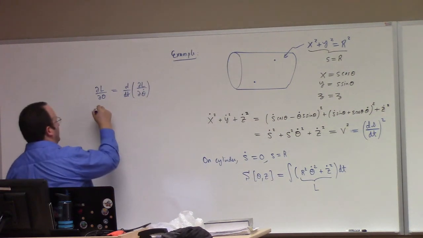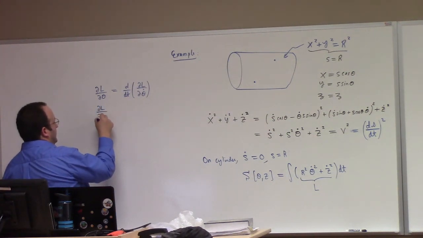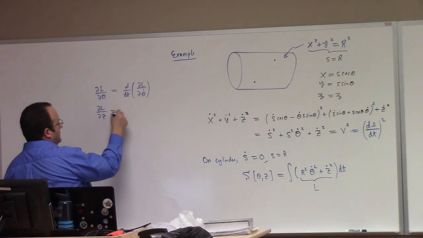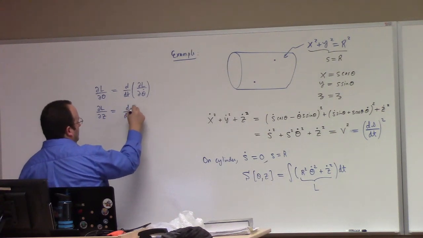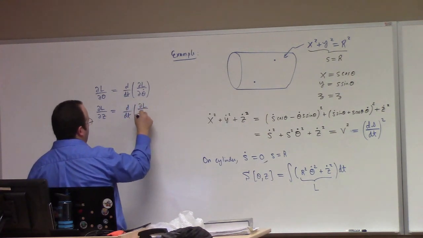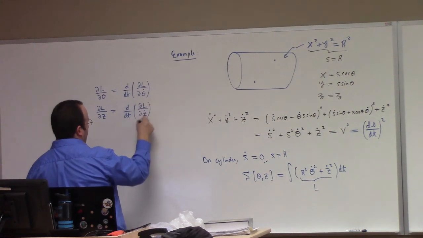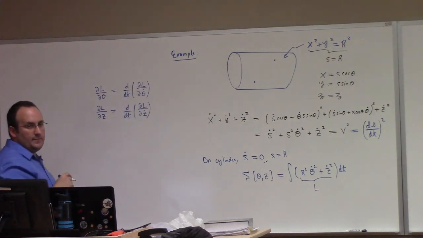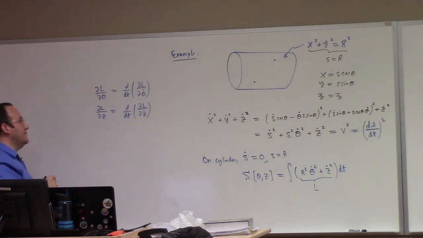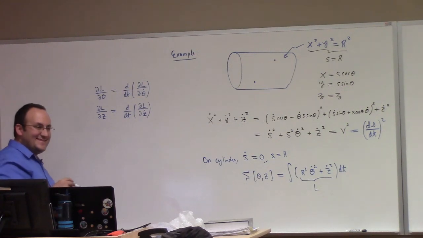And I want partial L partial z to be d dt of partial L partial z dot. There's a better way to do this example, but I'm too far in.